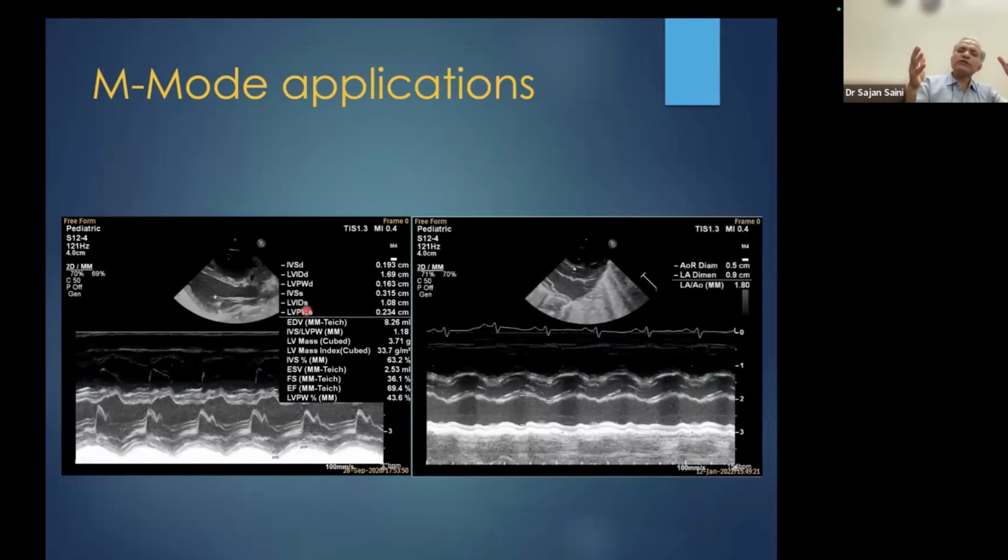So this M mode is used in various applications. You must have heard how to calculate the fractional shortening. If we put this M mode at the tip of the mitral valve, we measure the maximum diameter, or the end diastolic diameter and end systolic diameter, and we can get the fractional shortening. You must have heard about the LA:AO ratio.